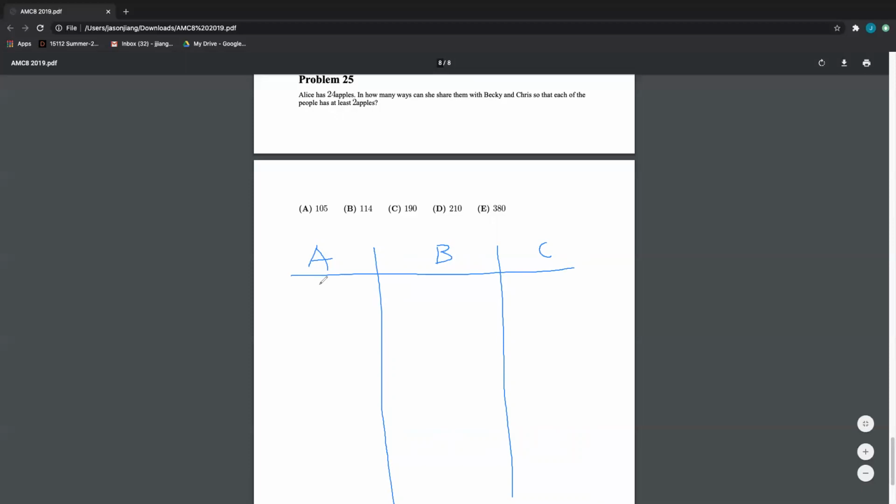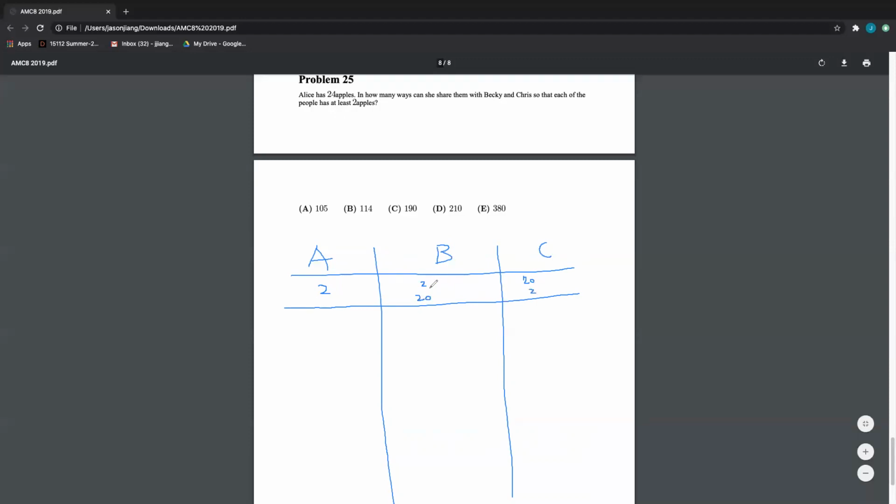If, let's say Alice takes the minimum 2 apples, then how many ways are there for Becky and Chris to take their apples? So Becky could take 2 apples, leaving Chris with 20. Or on the other hand, Becky could take 20, leaving Chris with just 2.